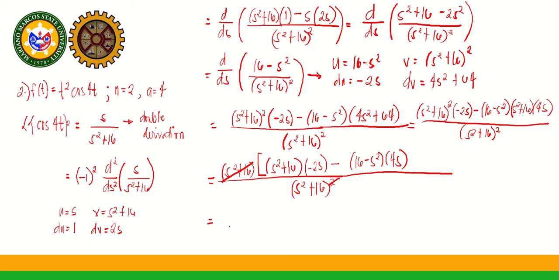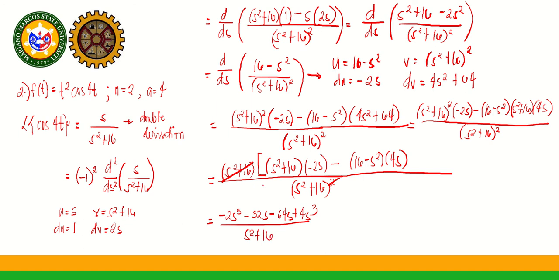s squared times negative 2s, that is negative 2s cubed, and then 16 times negative 2s, that is negative 32s, and then 16 times 4s, that is 64s, times negative, that is negative 64s, and then negative s squared times 4s, that is negative 4s cubed, times negative, that will be positive 4s cubed, all over s squared plus 16.